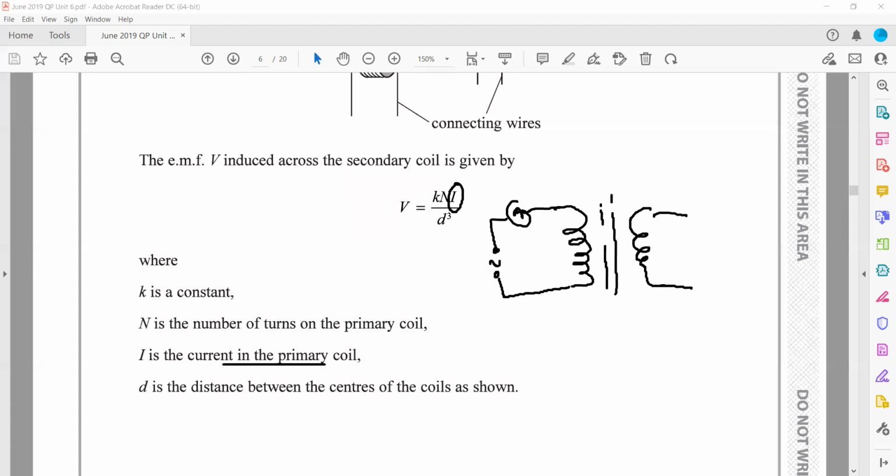So this should be the circuit which we should use. Then the next part, that is 2B4.